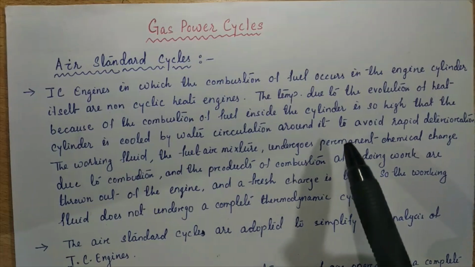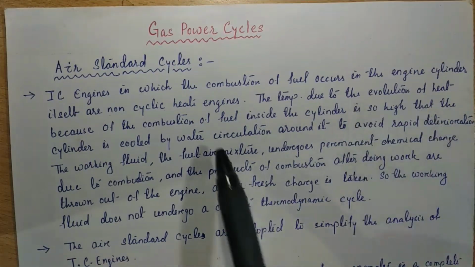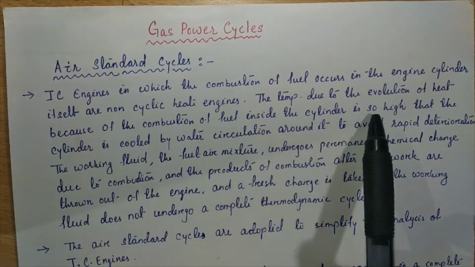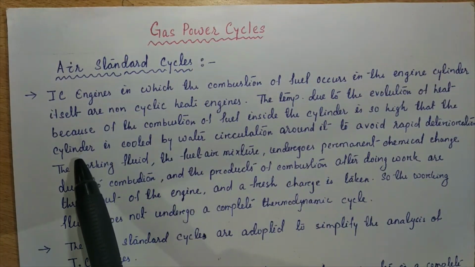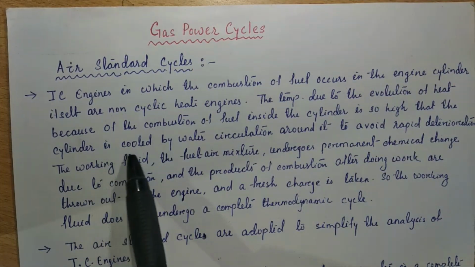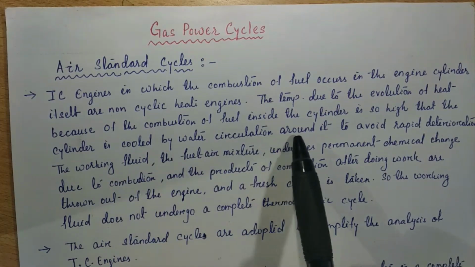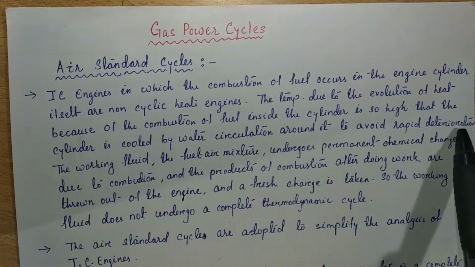The temperature due to the evolution of heat from combustion of fuel inside the cylinder is so high that the cylinder is cooled by water circulation around it to avoid rapid deterioration.